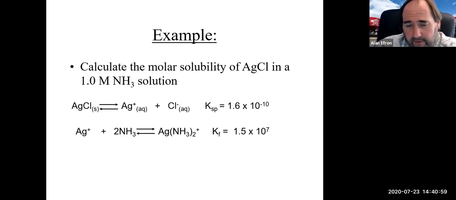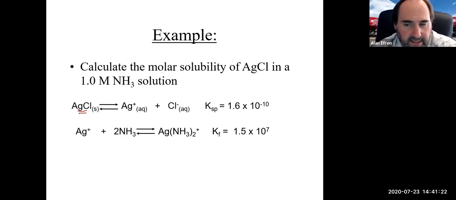If you remember, in group 1, you have that silver chloride that's a solid. You add some ammonia to it, and before you know it, you have that complex ion. All of the silver basically went away. So what we're looking for is the molar solubility of the silver chloride in ammonia.